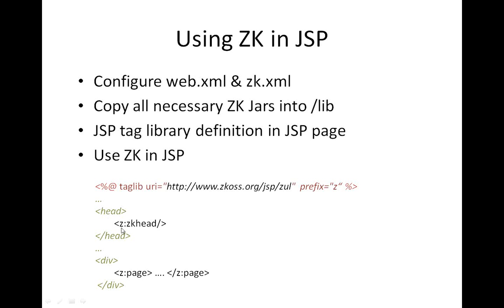Then we need to give a zkhead in the HTML head part. This zkhead is used to generate every necessary ZK JavaScript bundles and CSS bundles. So you just declare a tag in head.